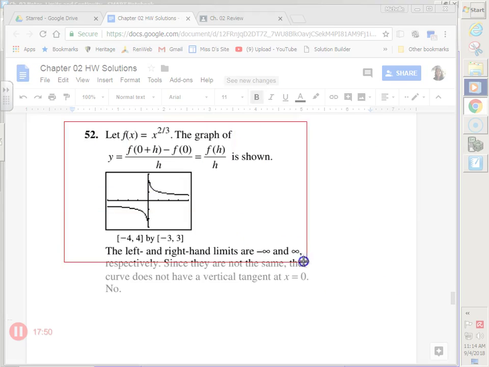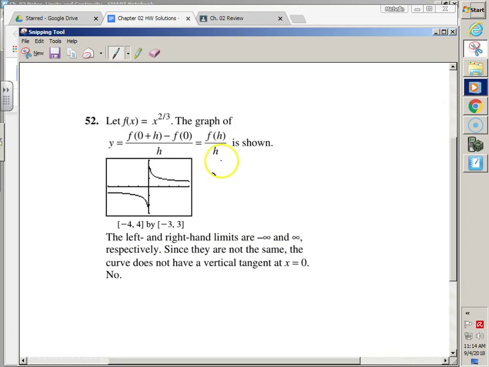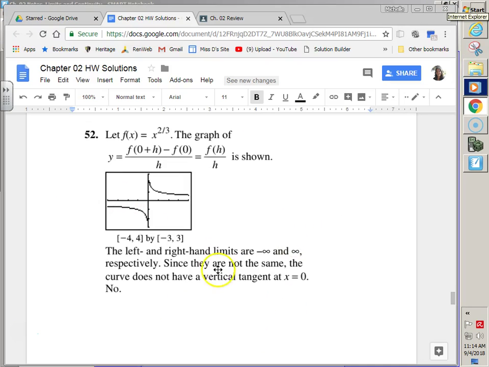And specifically, negative infinity, positive infinity. Positive slope, negative slope. It's like that. Okay.